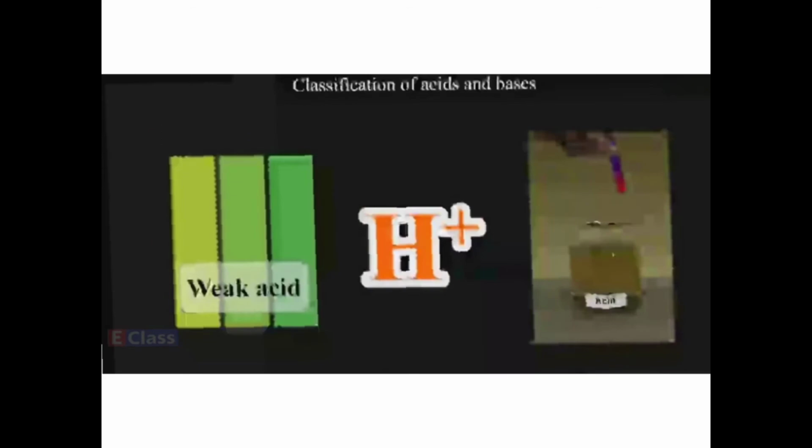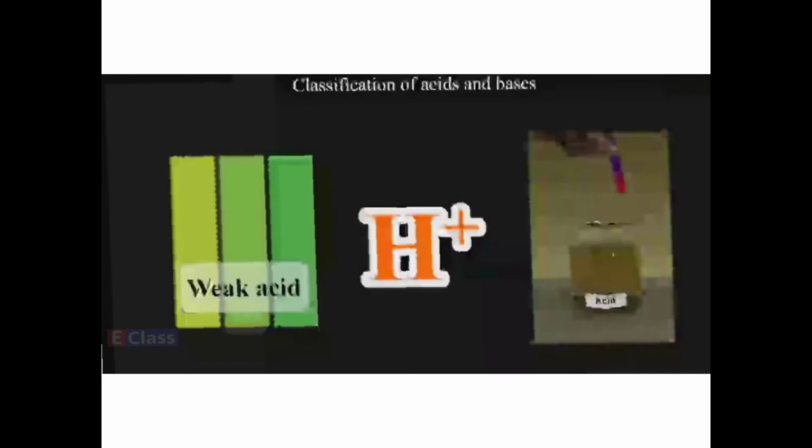So which are the strong acids? We have HCl, HBr, HNO3, H2SO4. These are the strong acids. Children, the colors on the pH paper are normally red, orange, dark orange, light orange or yellow. Okay. Now the weak acid.